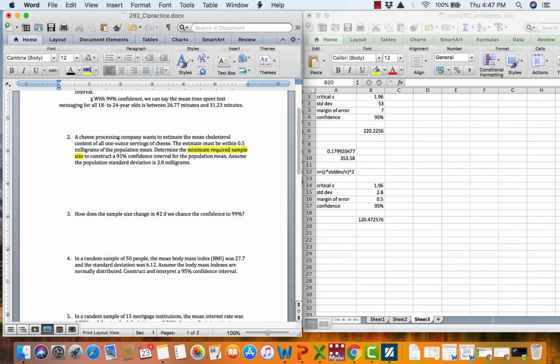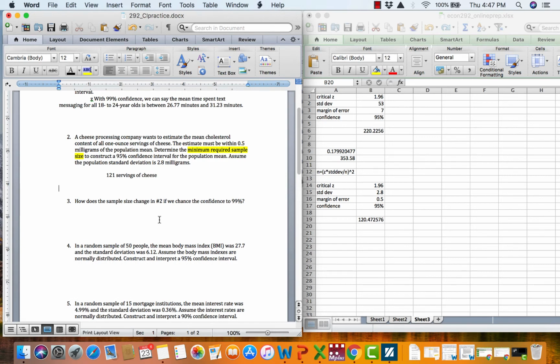And so our answer here is 121 servings of cheese. All right. How does the sample size change in number 2 if we change the confidence to 99%? All right.